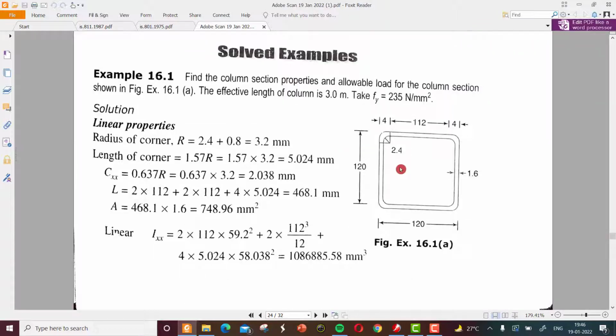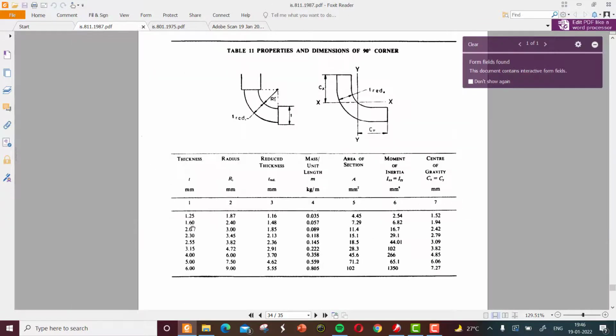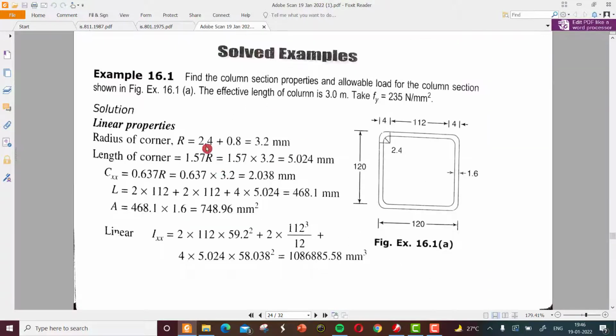Here the thickness is 1.6 and the value of the radius is 2.40. Please note that this radius is measured to the inside of the element, so we have to add half the thickness to get the total radius, which is 2.4 plus 0.8, that is 1.6 by 2, equal to 3.2 mm.